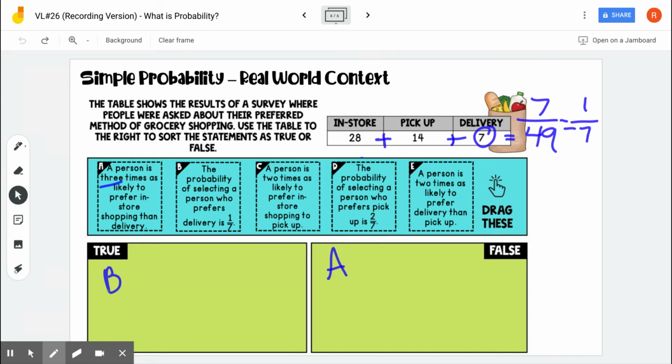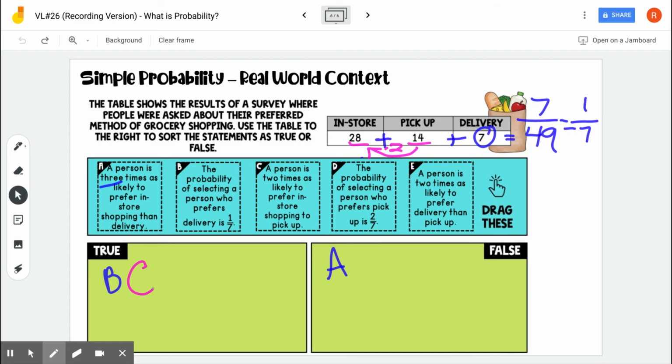Part C, a person is 2 times as likely to prefer in-store shopping to pickup. So comparing those two numbers, we have in-store shopping is 28, pickup is 14. To go from 14 to 28, we would multiply by 2. So this is correct. A person is 2 times as likely to prefer in-store shopping to pickup.